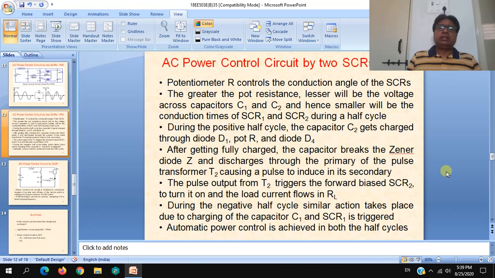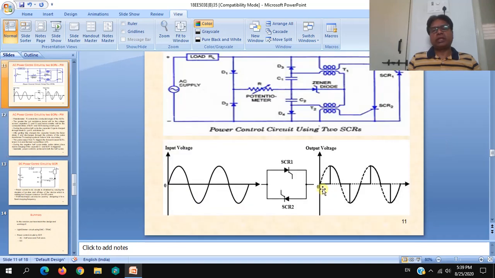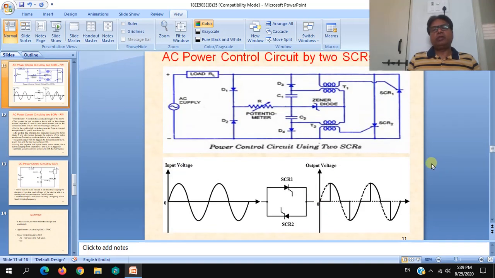So this is the power control circuit, working automatically in both the half cycles over the full cycle. That is full wave power control by two SCRs. Don't get confused with half wave or full wave rectification. Here, nothing in the nature of rectification is done.